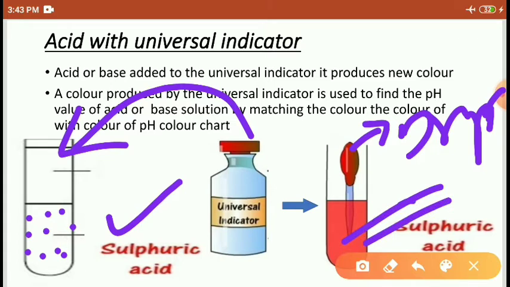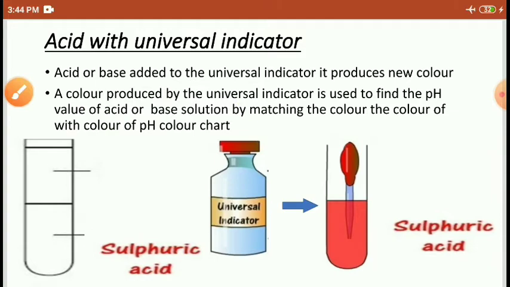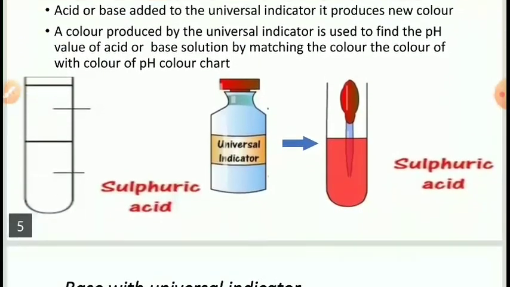It turns into red color. So red color you may match with the pH scale. Then you get that it is strong acidic nature. Right students? So this color you may match with the acid.